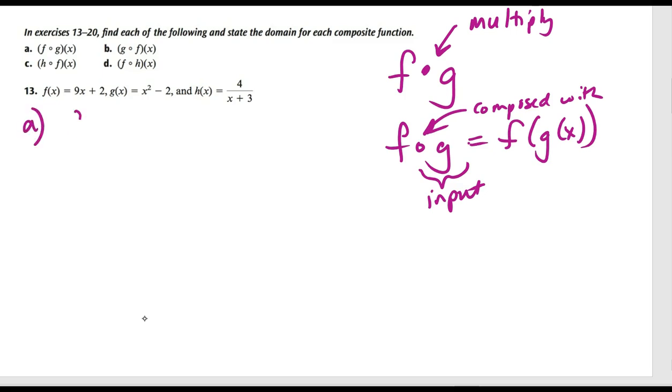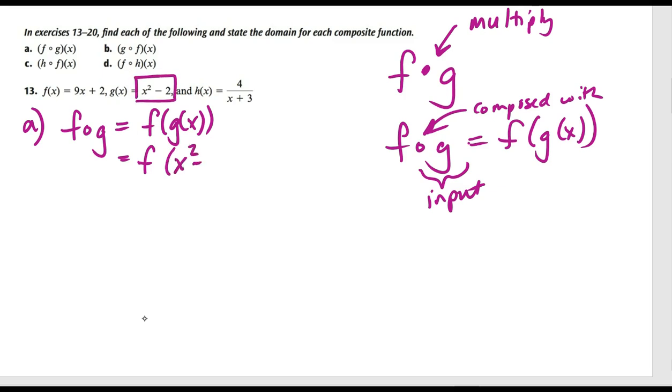Part A says f composed with g, which we could write as f and then put g of x in the input. So the way I start this is I replace g of x with its value. We know that g of x is equal to x squared minus 2.